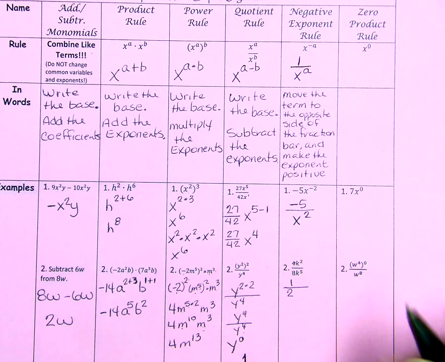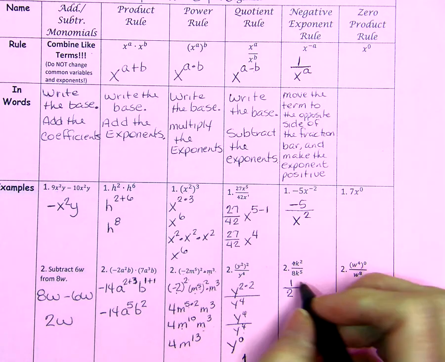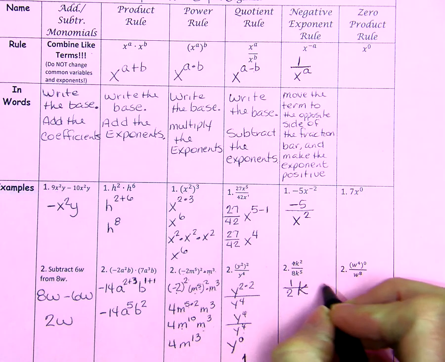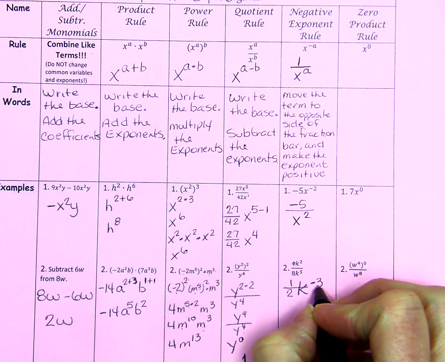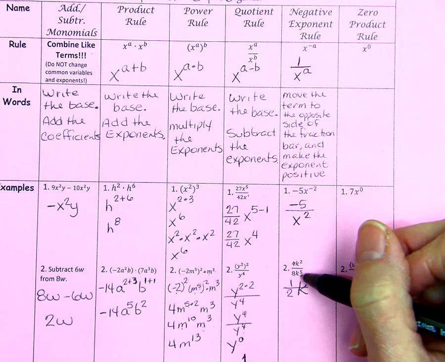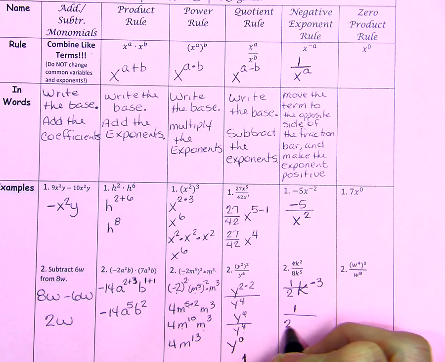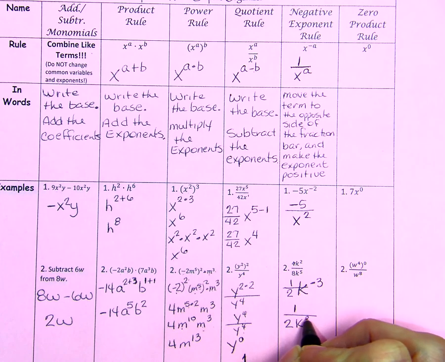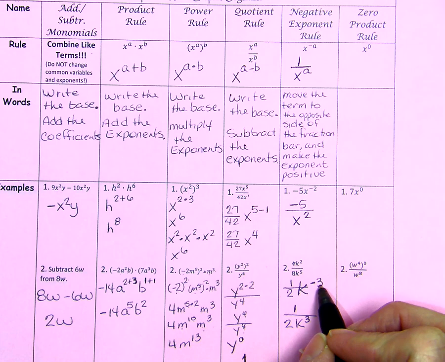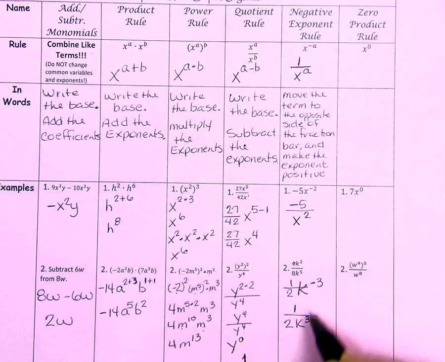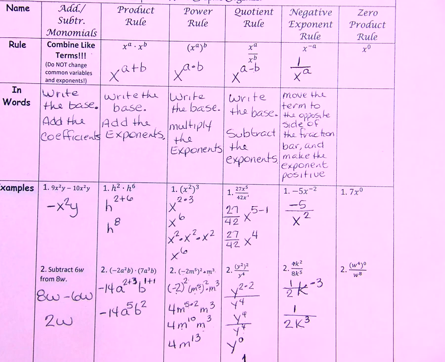So that gives us k to the negative 3, because 2 minus 5 is negative 3. So that ends up giving us 1 over 2 times k to the 3rd power. The negative 3 only applies to the k, and that negative says take the k and write it in the denominator with a positive exponent.